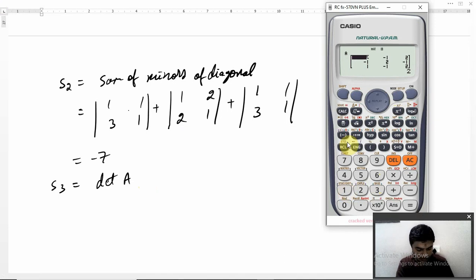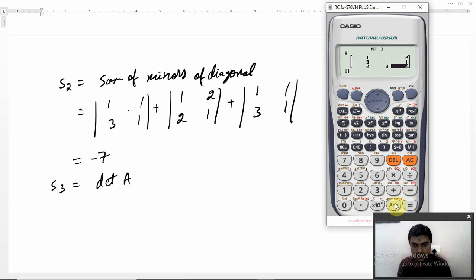So just substitute the values which have been given for A, equal to 1, equal to 1, equal to 2, equal to 3, equal to 1, equal to, the next is again 1, equal to 2. So you are going to fit all the values in this calculator.